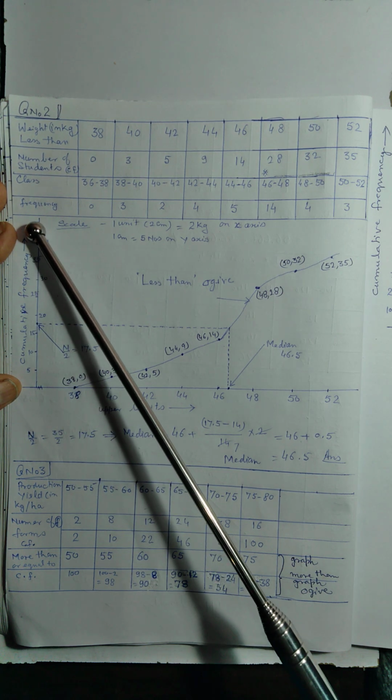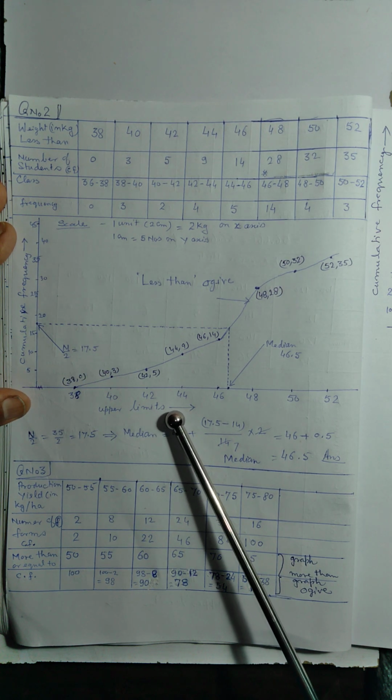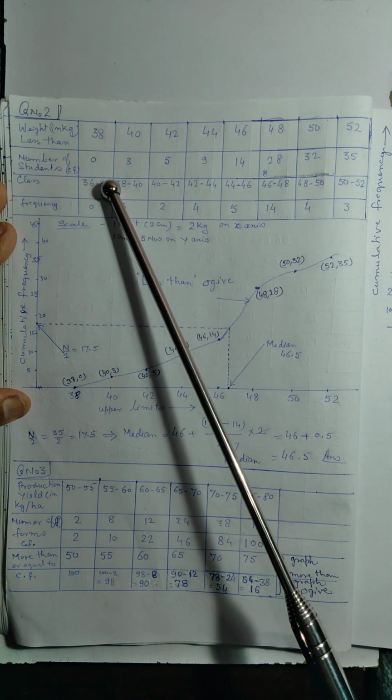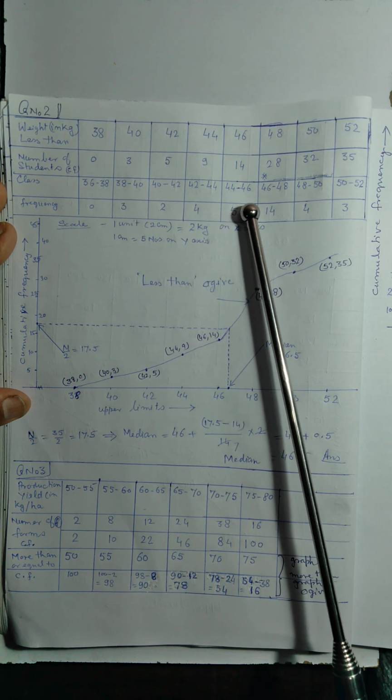So this is the cumulative frequency along the y-axis, and this is the upper limit. The upper limits are 38, 40, 42, 44, 46.